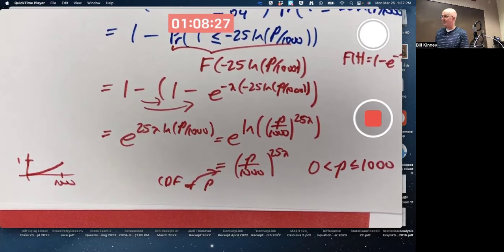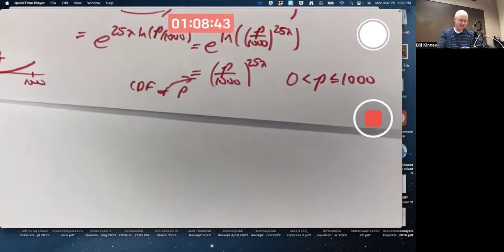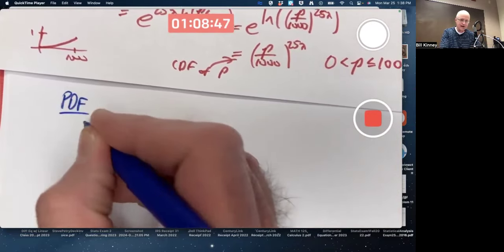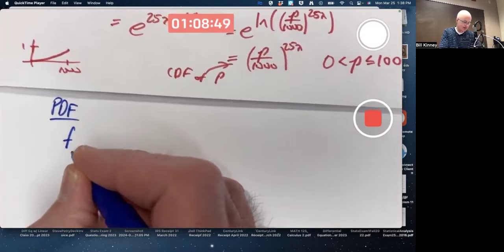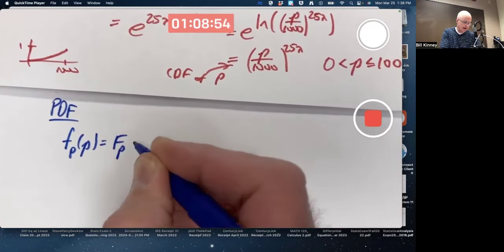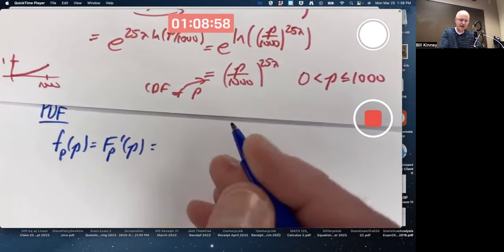To find the PDF from this, I just differentiate. This is a capital F, CDF. PDF is a little f, derivative of capital F. Hang with me, almost done. The PDF, little f sub P of p, is going to be the derivative of capital F sub P of p. Differentiate this with respect to p.